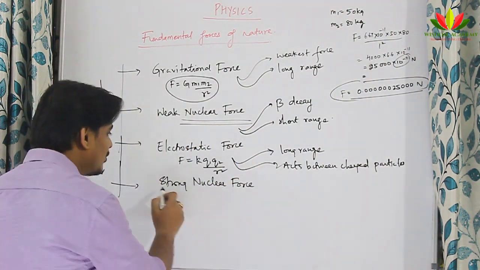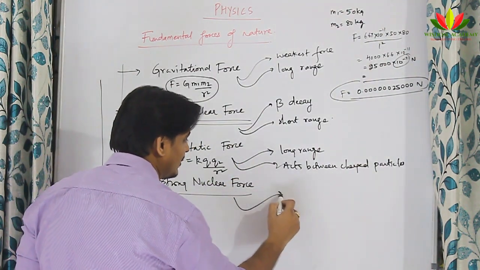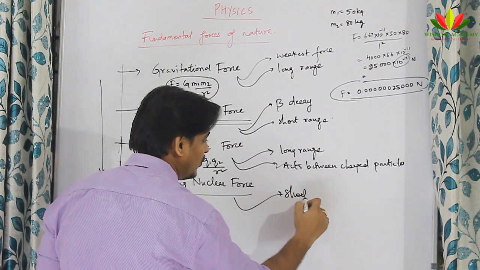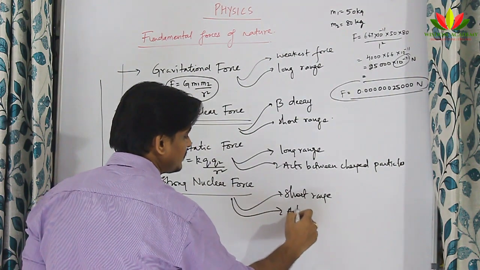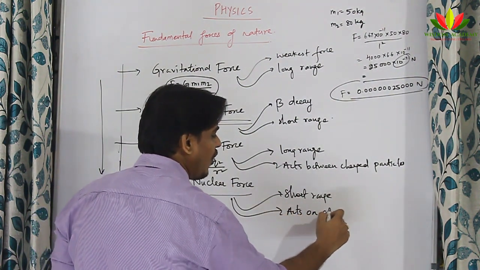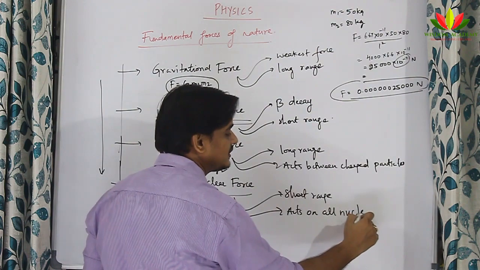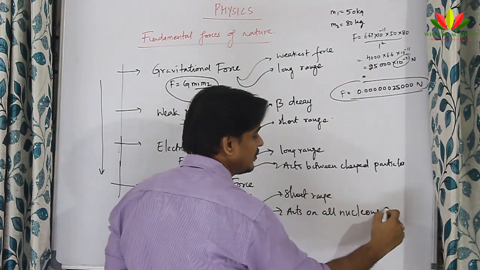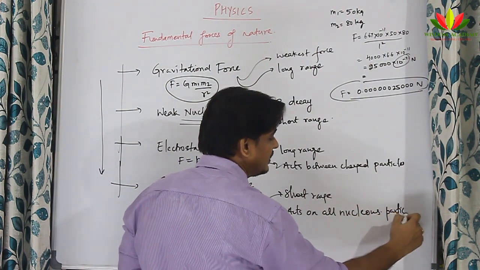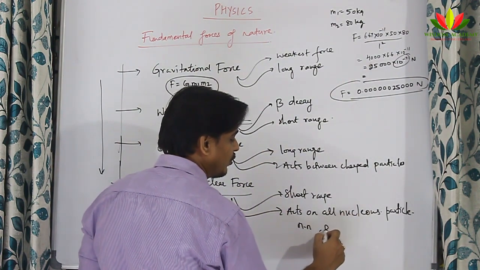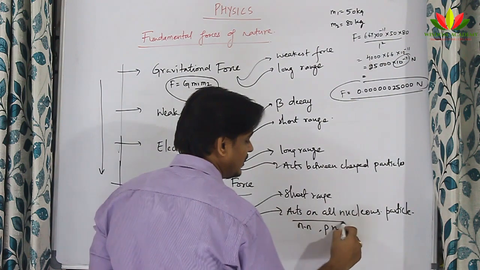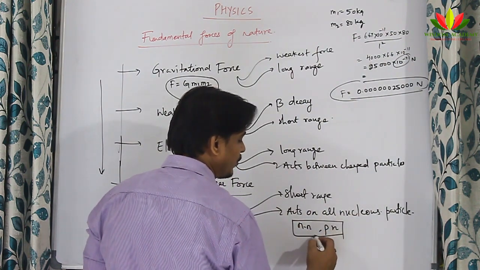So, nuclear force, the strong nuclear force that I have talked about, is again a short range force, but it acts on all nucleon particles. So, when I say all nucleon particles, it means neutron, proton, and also proton.